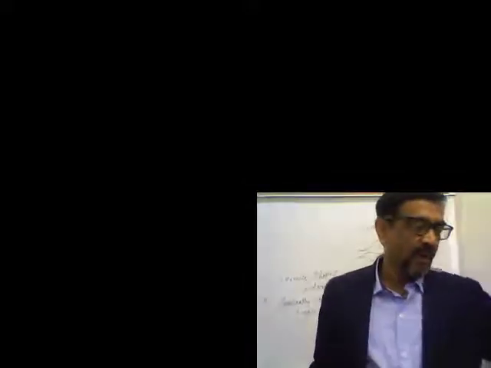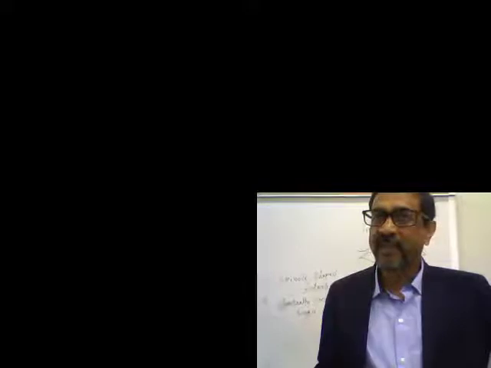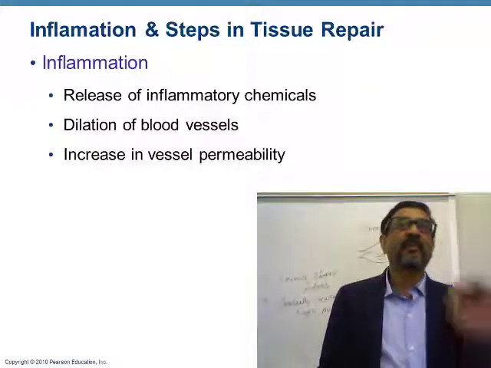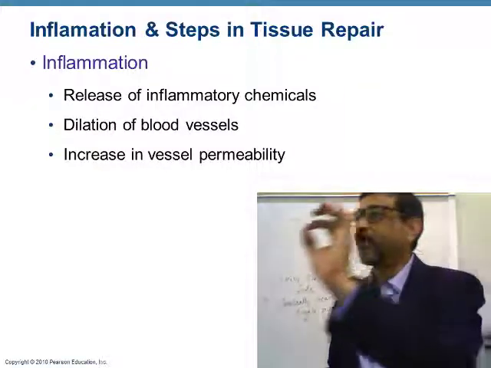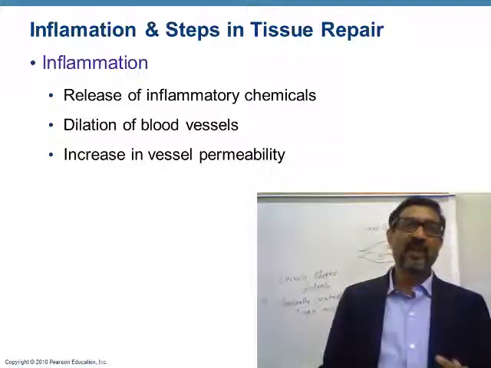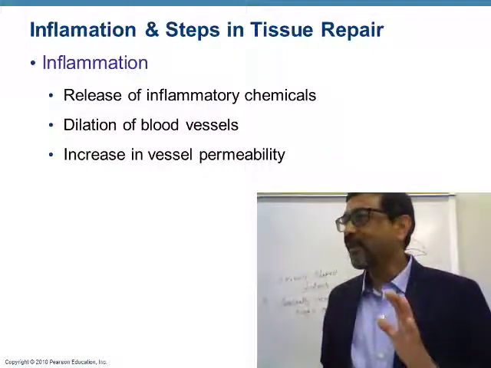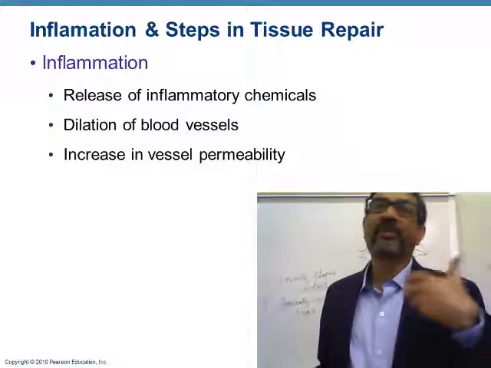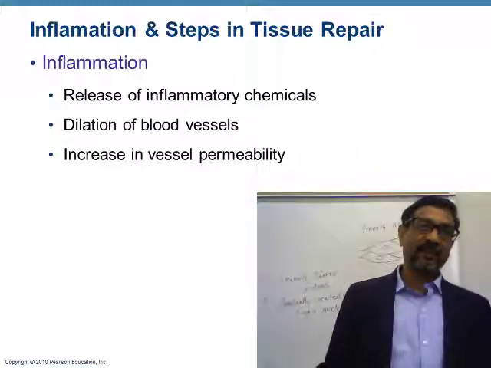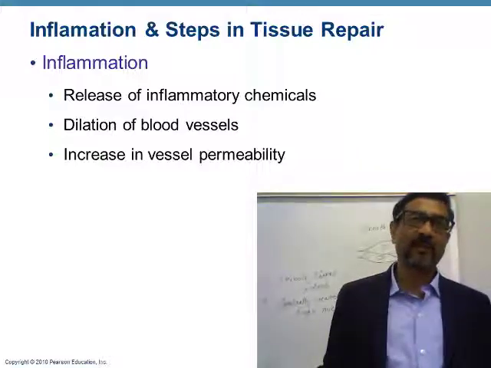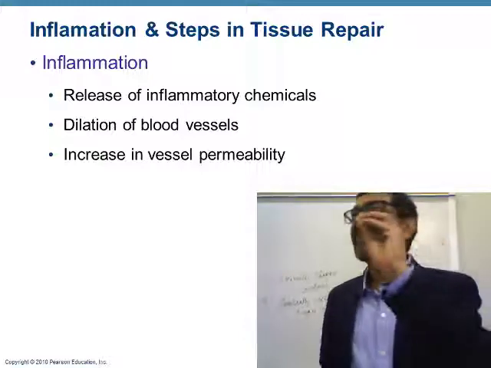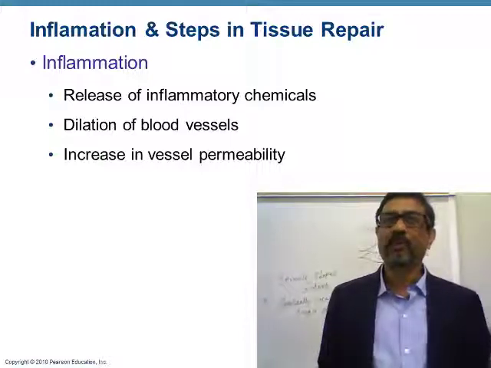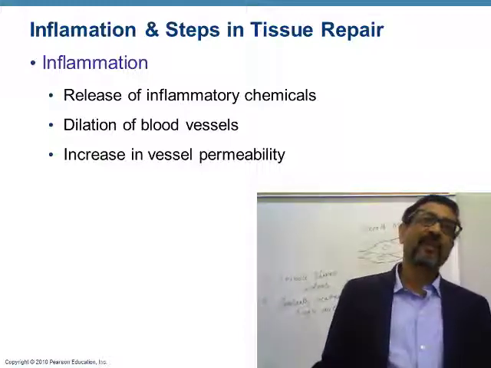Very commonly heard term, inflammation. What is inflammation? Inflammation is the response of your tissue to injury. If any injury occurs, how your tissue responds to that, that is inflammation. By showing inflammation, tissue responds to an injury.